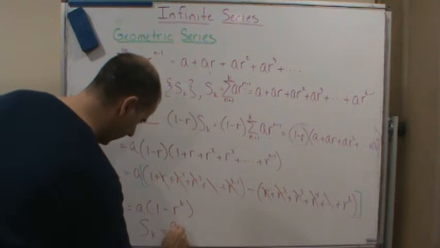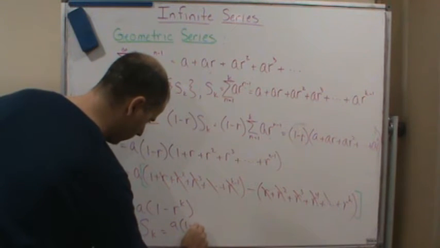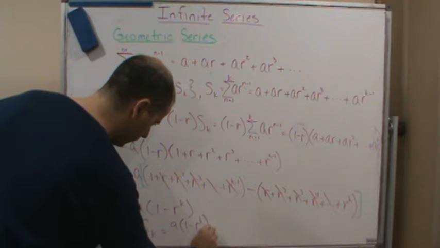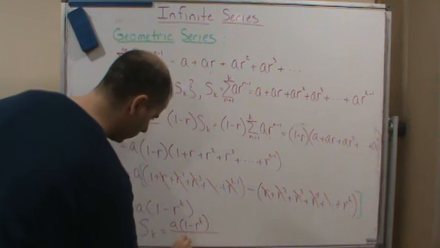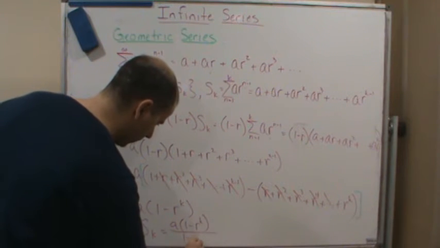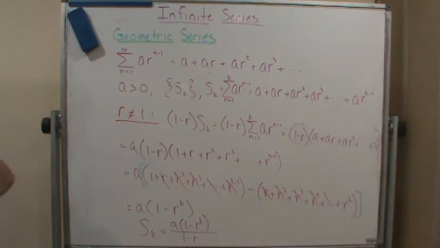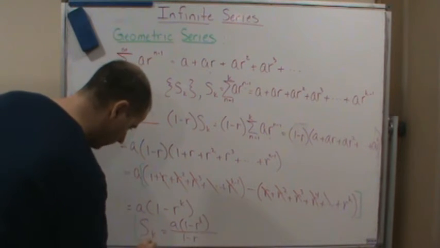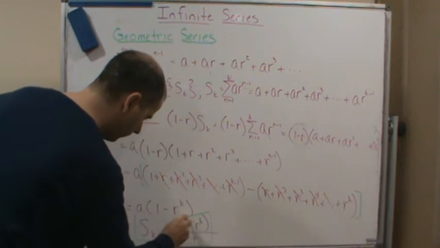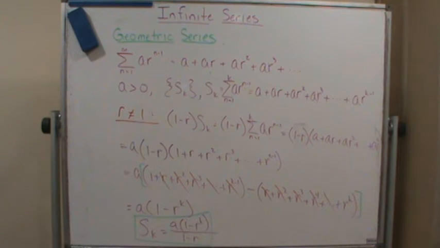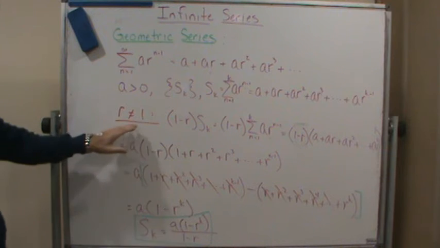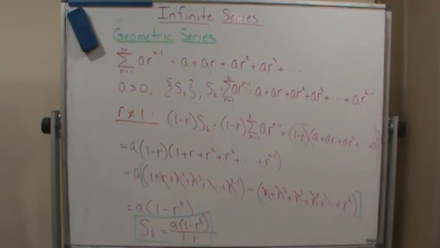So it's going to be a times 1 minus r to the kth power over 1 minus r. Okay. So this becomes our formula for the kth partial sum. And this is for when r is not equal to 1.